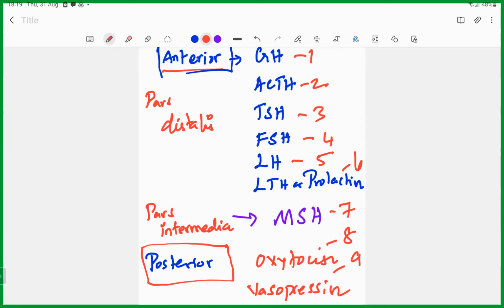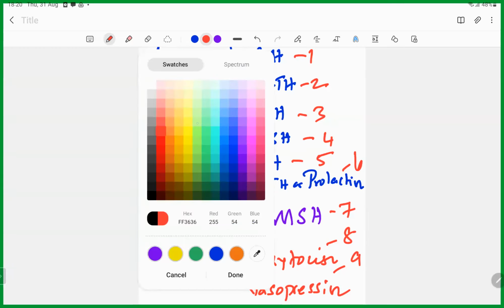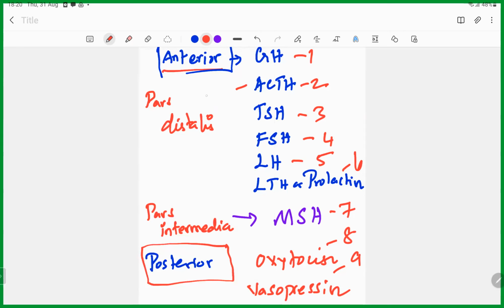So what is the function of growth hormone? It regulates growth. What is the function of ACTH? It controls the adrenal gland, the adrenal cortex. TSH, what gland?